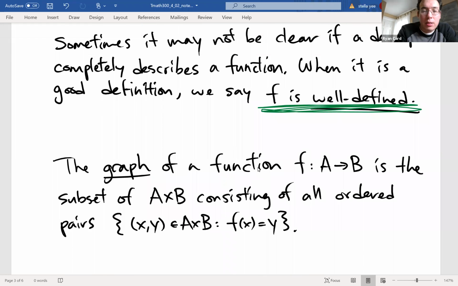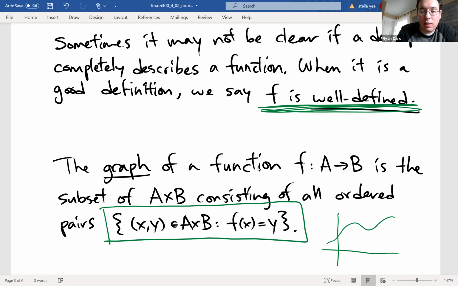Okay, so this next definition is a little bit weird. When we talk about a graph of a function, we usually imagine something like that, some kind of graphical object. But in mathematics, when we actually say graph of a function, there's an abstract definition as well.